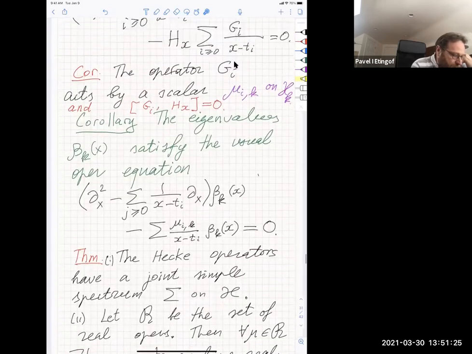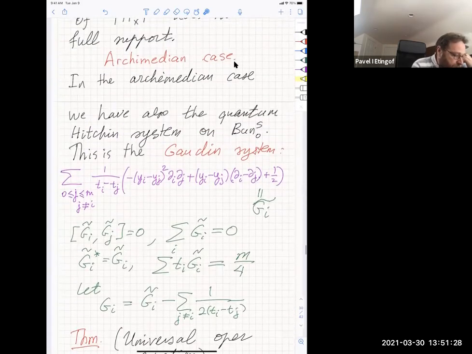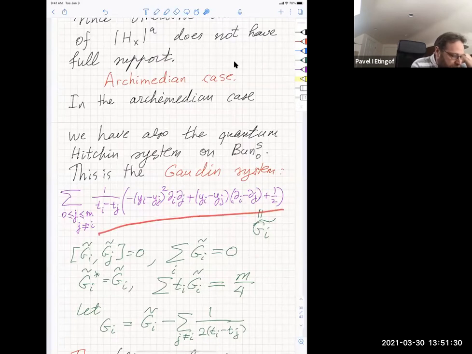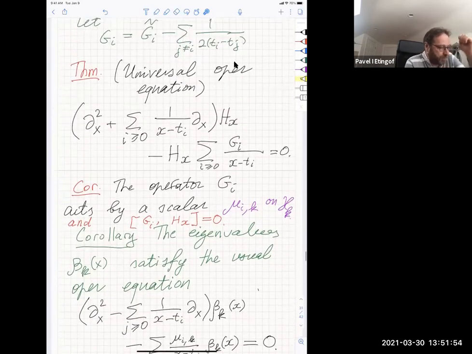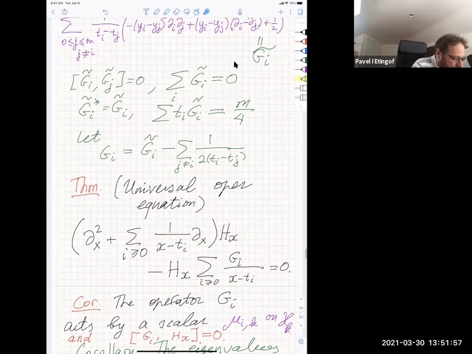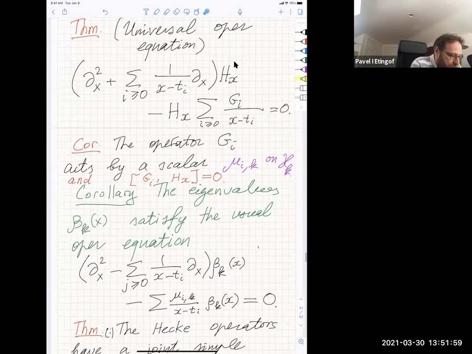If you write down these operators, for example, here, then they define a holonomic system. And this holonomic system has some singularities, because you have things like y_i minus y_j squared and so on. So if you compute carefully, you will discover that there is a divisor of singularities which has many components, and that's exactly that divisor. This is the divisor on which these eigenfunctions are going to have some kind of singularities.